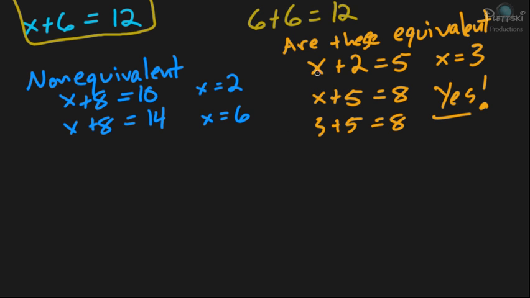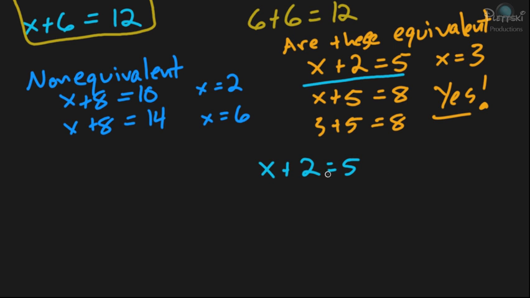So if we take this first one, x plus 2 equals 5, and we want to solve for x, like we said earlier, if you do something to one side of the equation, you can do the same exact thing to the other, and it's still going to be a valid equation. You aren't really changing anything.